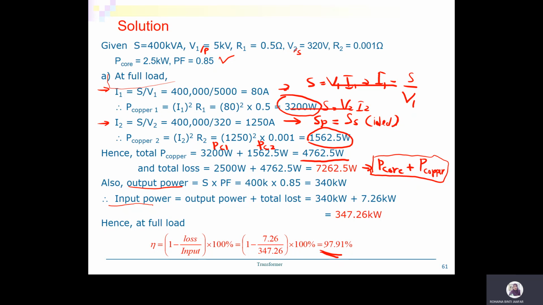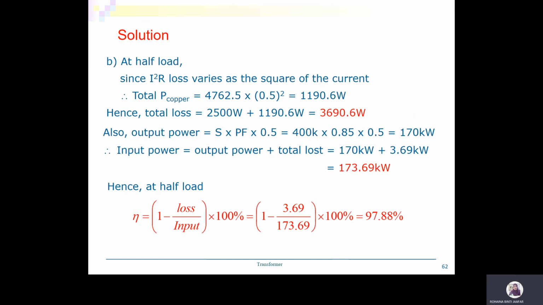Once you have completed the efficiency at full load, next you have to calculate the efficiency at half load. At half load, since I squared R loss varies as the square of current, the step is simpler compared to full load.